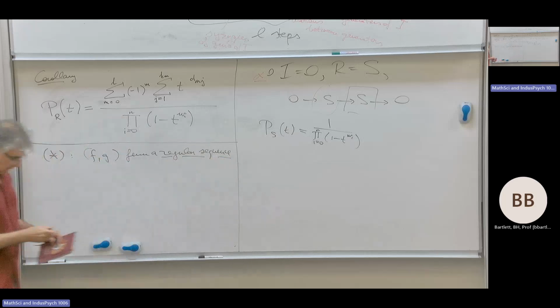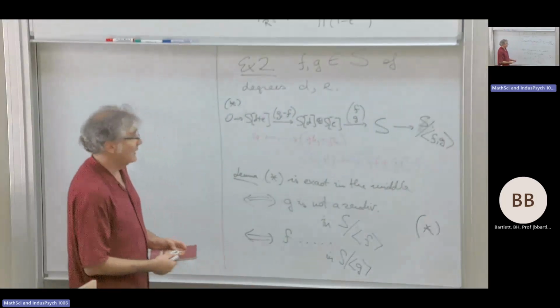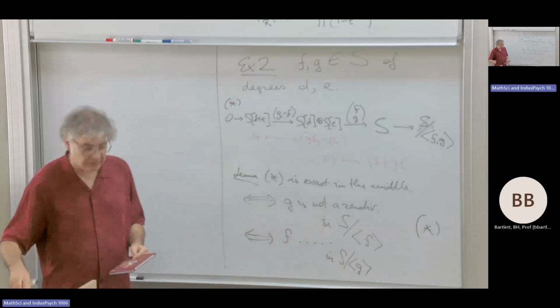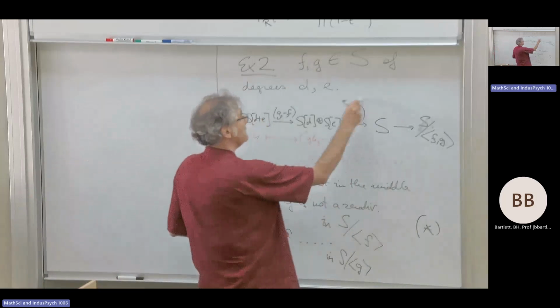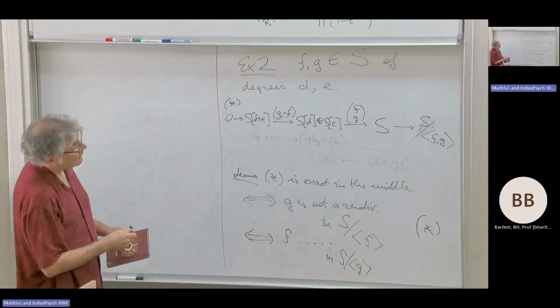I mentioned that word last time already. This is some kind of genericity assumption. And if F and G form a regular sequence, then this is a resolution, the resolution claimed by Hilbert's syzygy theorem.